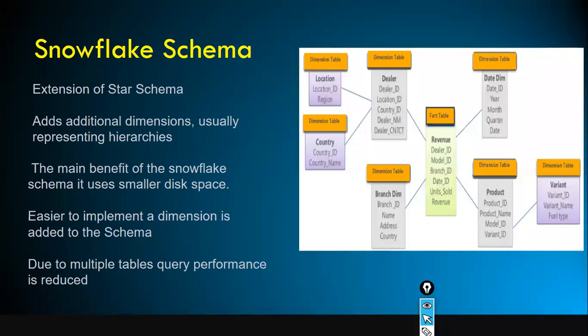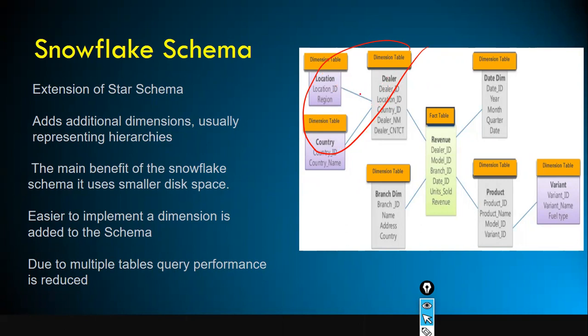Next one is the Snowflake schema. This is an extension of your star schema. If you look at this dimensional data model, it is similar to your star schema, but if you look at these three tables, the dealer, location, and country, instead of keeping all these three values in a single dimension table, they decompose the single dimension table into three different dimensions.